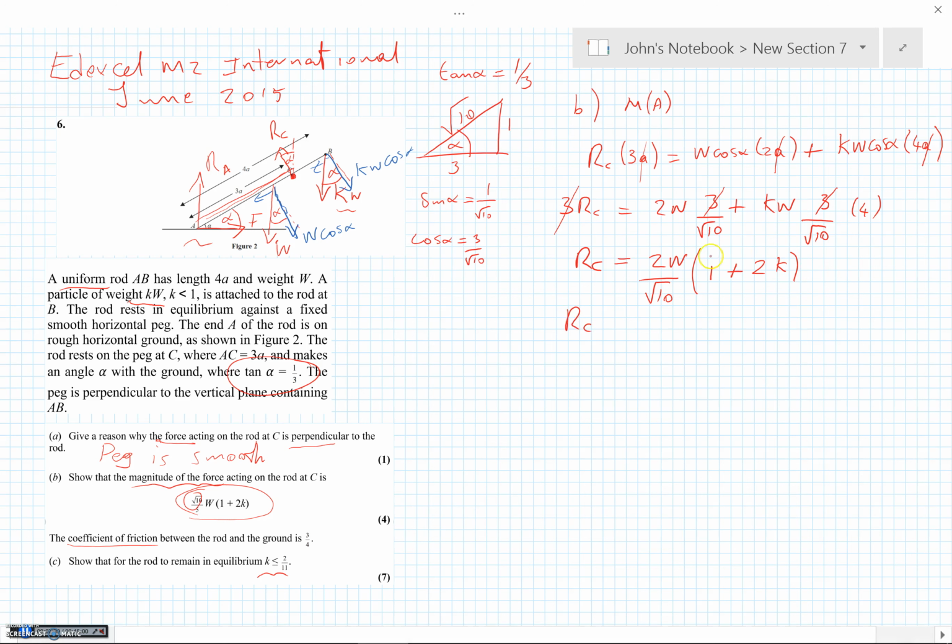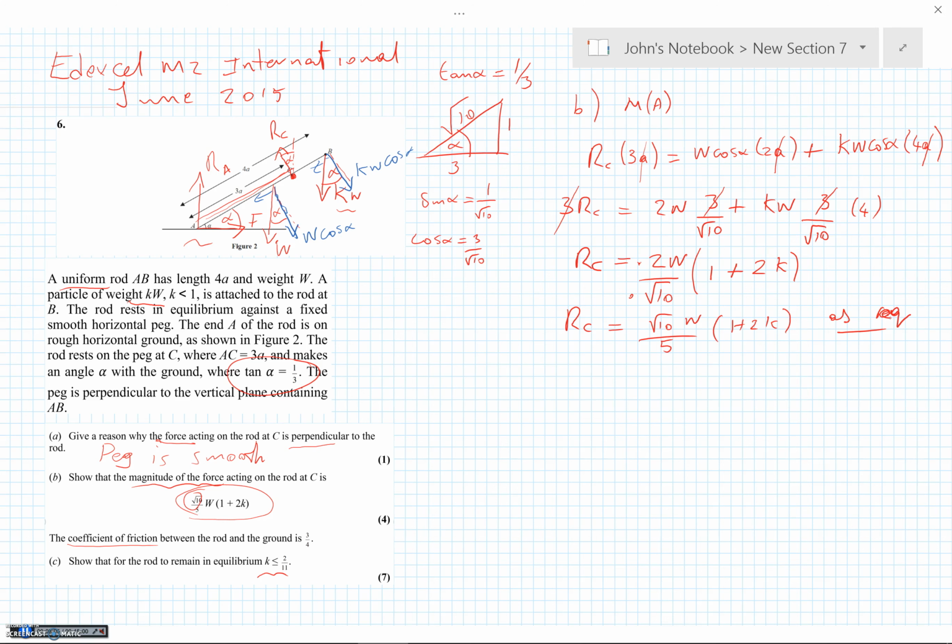Times it by square root of 10 on top and bottom here. Rationalising the denominator, it can easily be seen that that's the square root of 10 W over 5, 1 plus 2k, as required. Okay, so that's part B of the question done relatively easily.